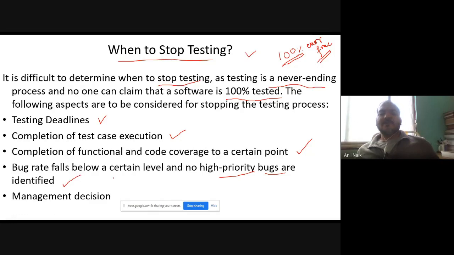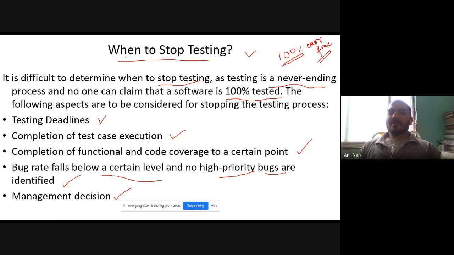If you are finding bugs at a very low rate, very few bugs are present, and no higher priority bugs are identified, in such a case we can stop the testing. It also depends upon management decisions. If the organization is not willing to spend more time, effort, and cost on the testing, it's a management decision when to stop the testing.